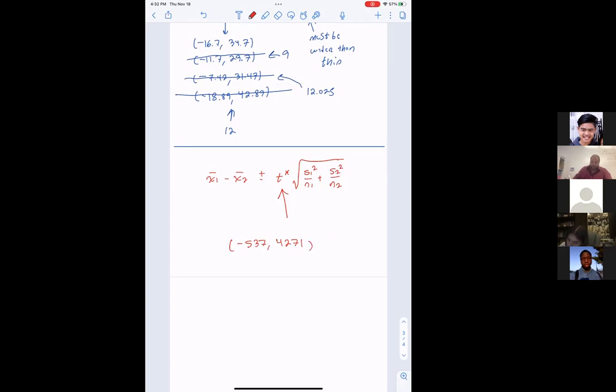Okay, now the margin of error, I take 4271 and I subtract negative 537 and I divide by 2. The margin of error from center to edge is 2404. That's the margin of error. And this has to equal T star times the square root of S1 squared over N1 plus S2 squared over N2.